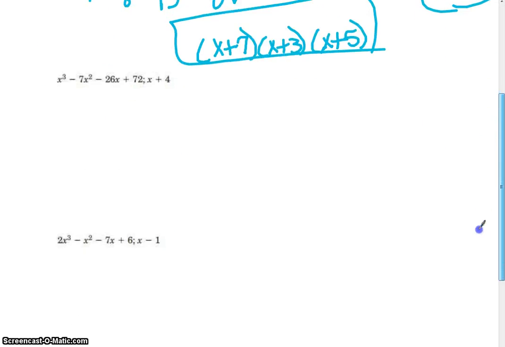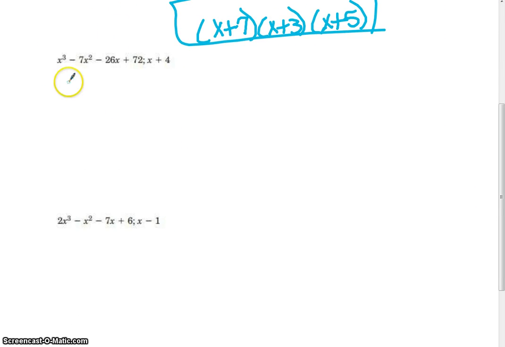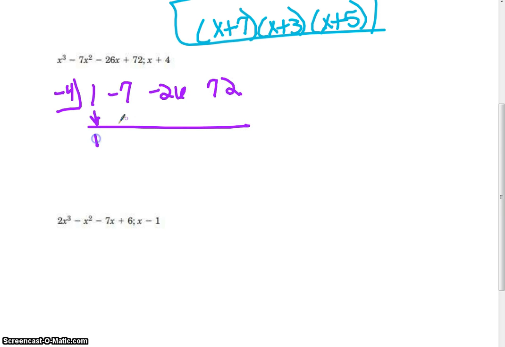Going to the next one, you're going to put a negative 4. No skips, so 1, negative 7, negative 26, and 72. Bring down your 1, gives you negative 4, negative 11, 44, 18, negative 72, and 0.